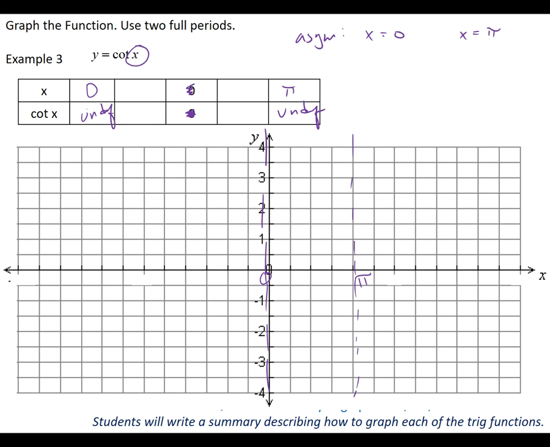How many hash marks or spaces in between when I put my midpoint? 2, good. What would be the number on my midpoint there? Pi over 2, which is important because I need some other numbers for calculation. That's definitely the center part of my T-chart there. Sideways, horizontal T-chart.